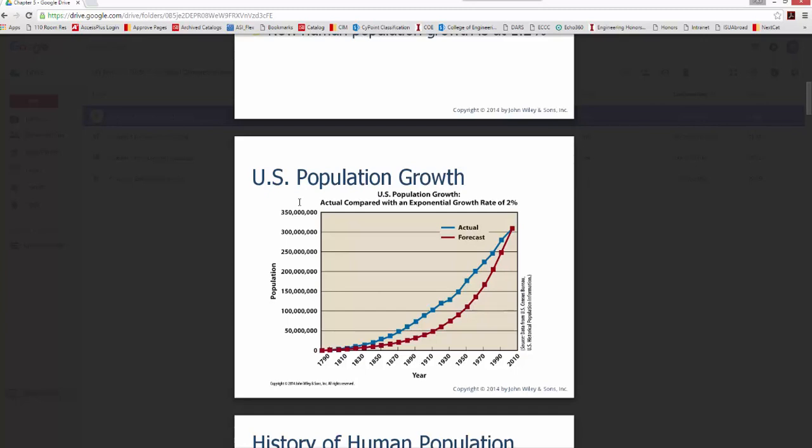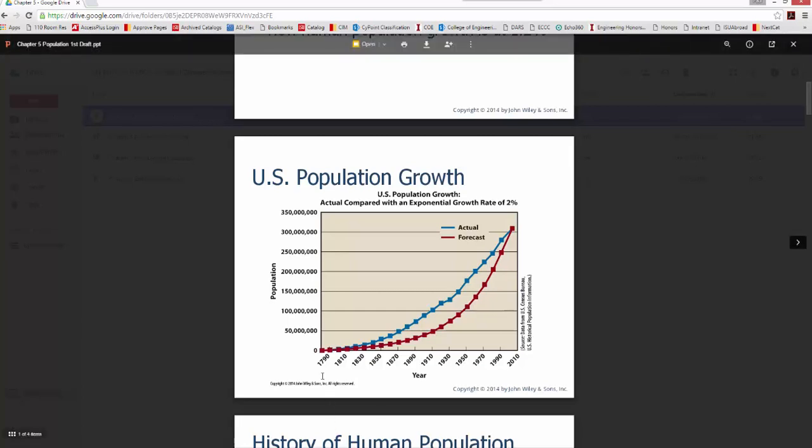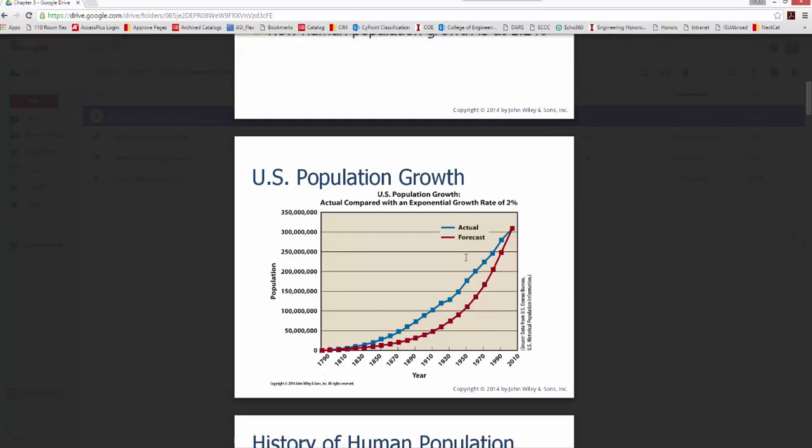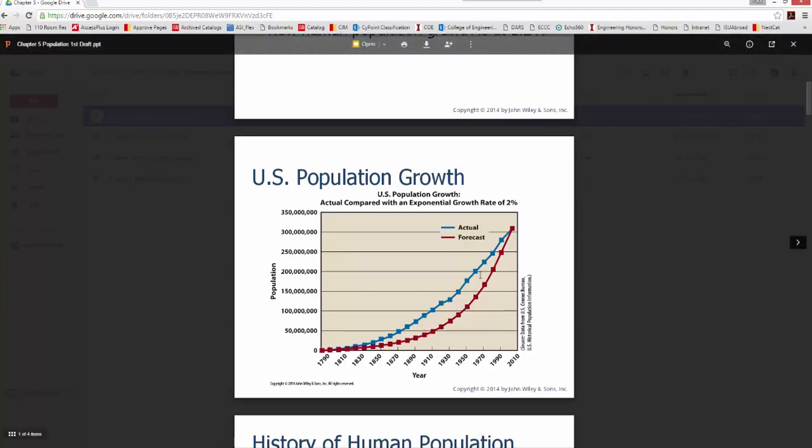So we're talking about U.S. population growth in terms of millions. We start back at 1790. Notice you've got two curves here. The red curve is the actual population growth, and then there is the forecasted population growth.